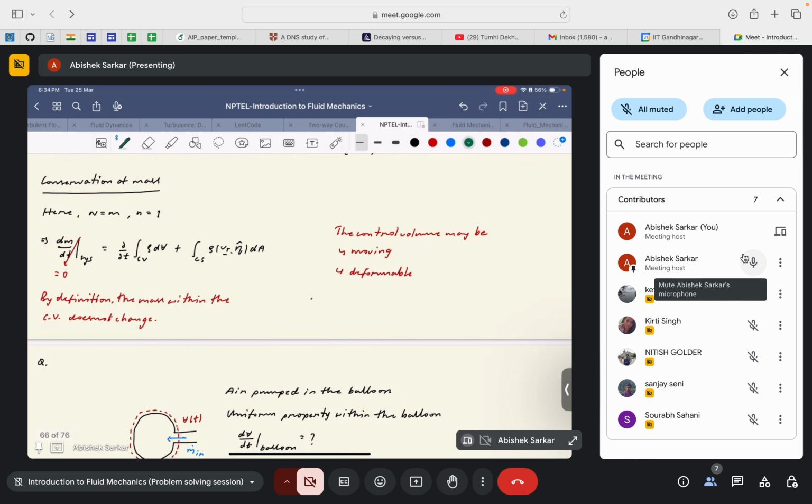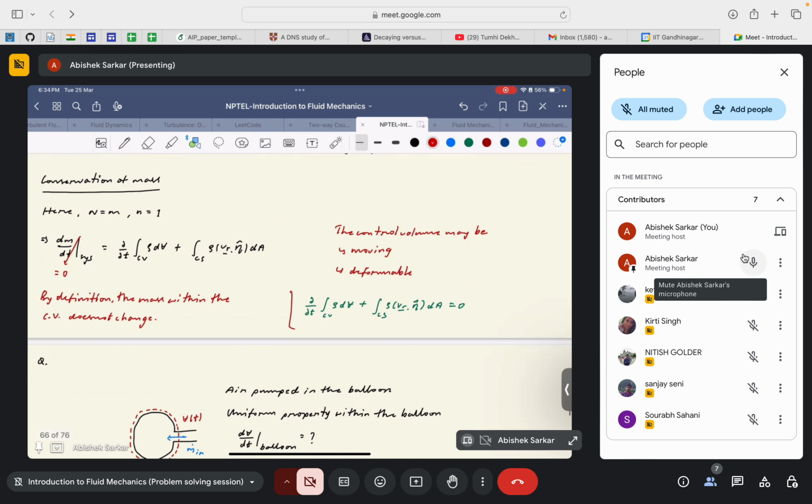It would be ∂/∂t of the integral over CV of rho dV plus the integral over CS of rho Vr dot n cap dA equal to 0. So this is the mass conservation equation in the integral form. It's the most generic form.